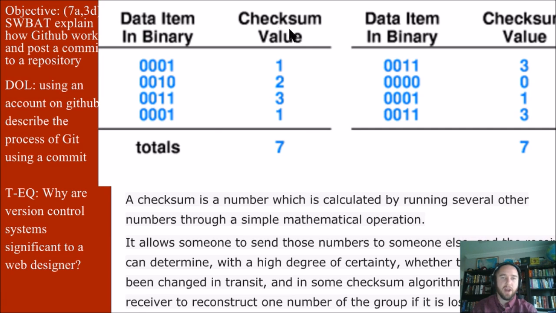A picture is worth 1,000 words here. So let's say these numbers are sent to somebody. The checksum value could be 7. So every time you get a package from this person, the package numbers need to add up to 7. So you can simply do that, 1 plus 2 plus 3 plus 1. Now we know that these are the right numbers that were in transit, right?